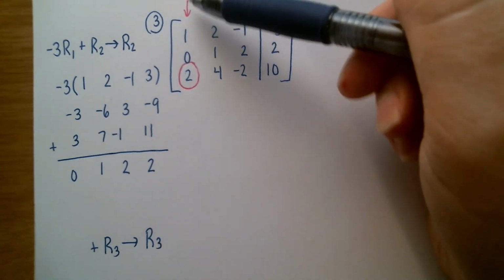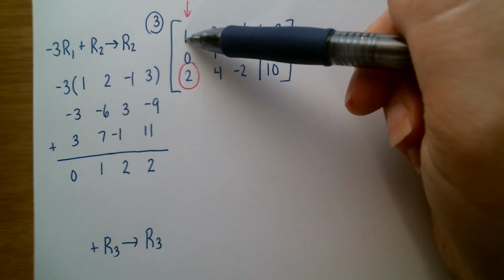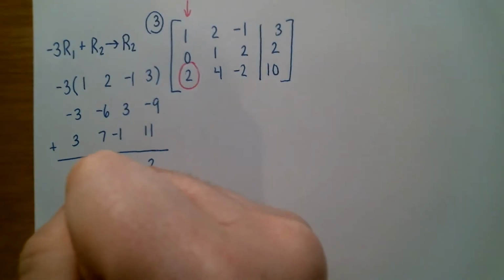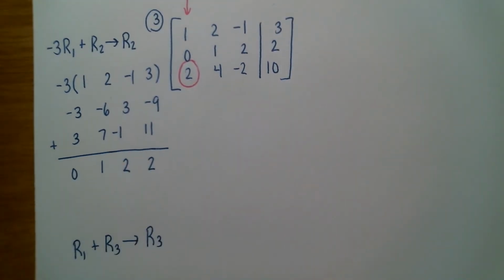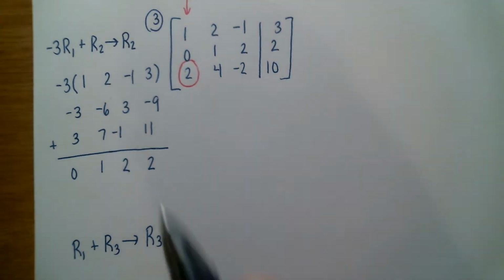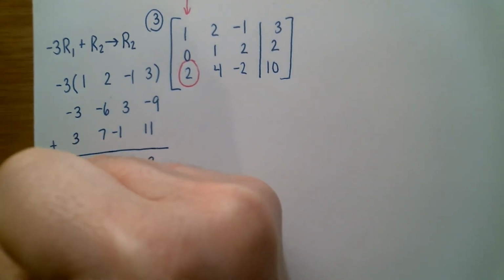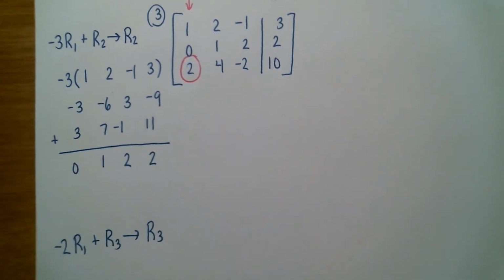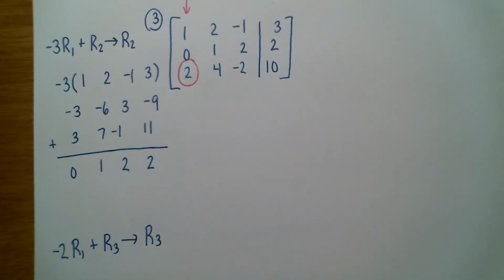In the first column, your 1 is located in the first row. So you're going to multiply the first row by something. What are you going to multiply by? Whatever cancels positive 2, the thing you're trying to get rid of. What cancels positive 2? Negative 2.